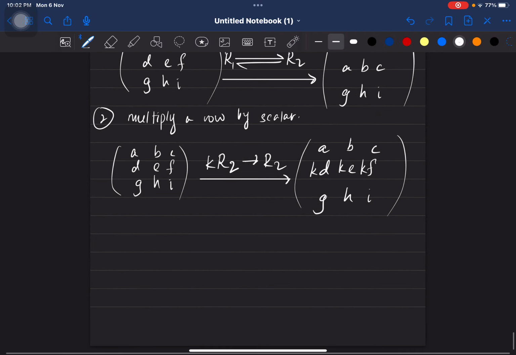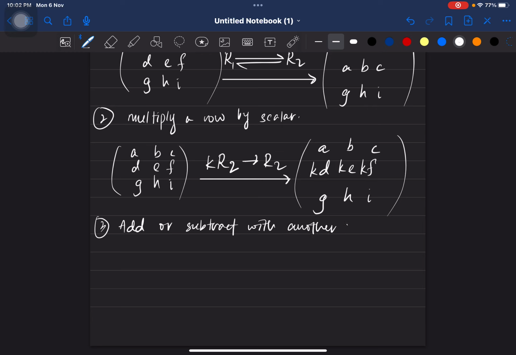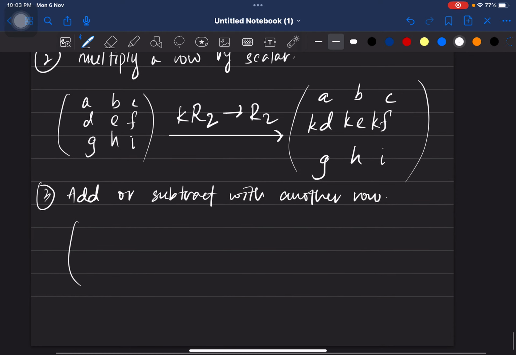And then the third rule is you can add or subtract with another row. For example, I want to use row 1 to minus row 2, and I want to change row 2.